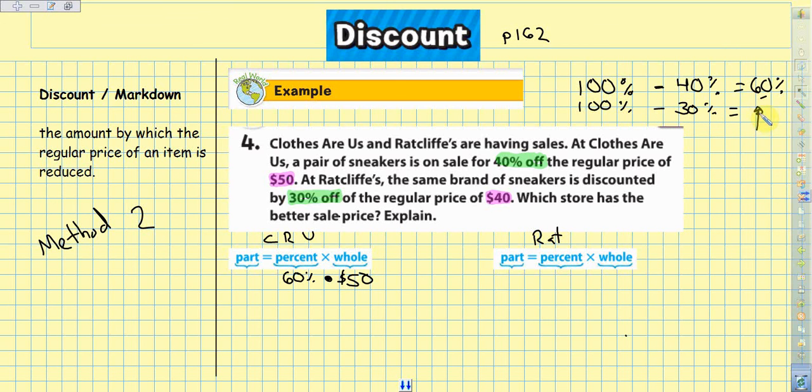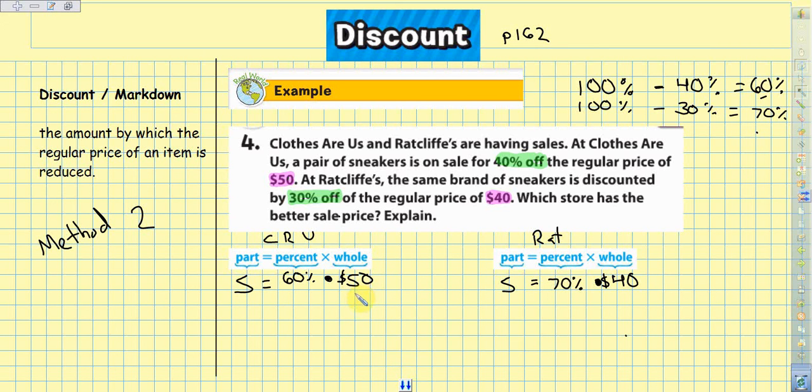And you're going to come up with 70%. And that's going to be my sale price. 70% of $40. Okay, so this is going to be my sale price for my shoes at Ratcliffe's, and this is going to be my shoes at Clothes R Us.